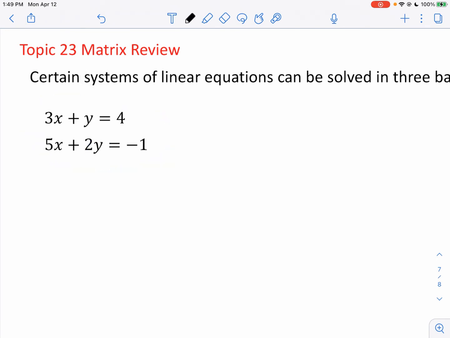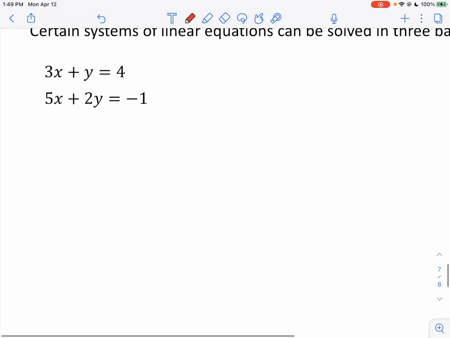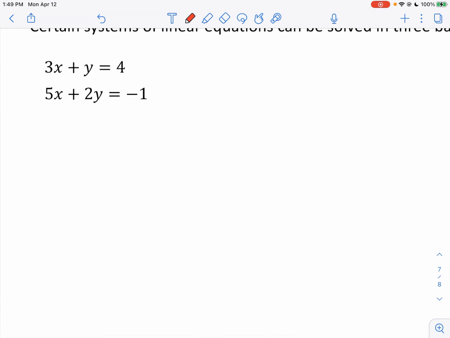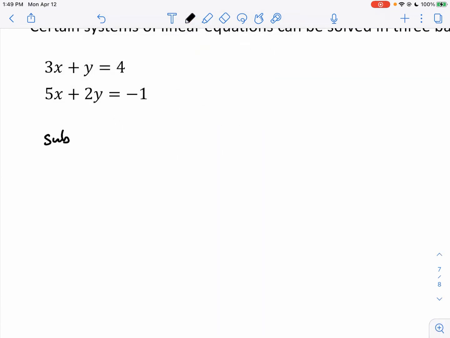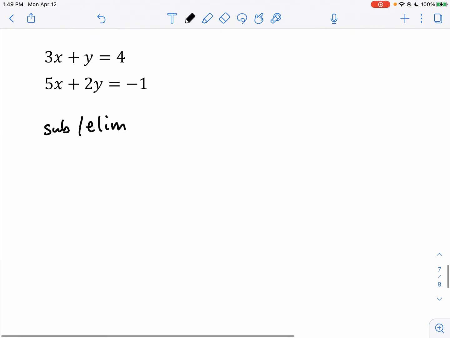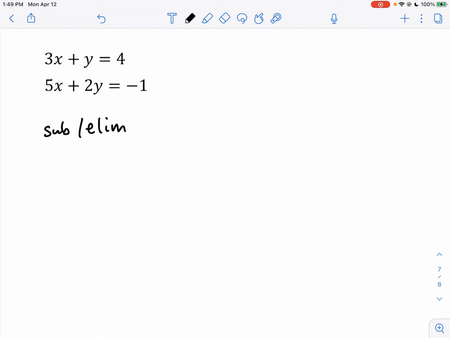Or I can do elimination, which is what I'm going to do here. Substitution or elimination are your options here, as one method. So just manipulating the equations, in other words.